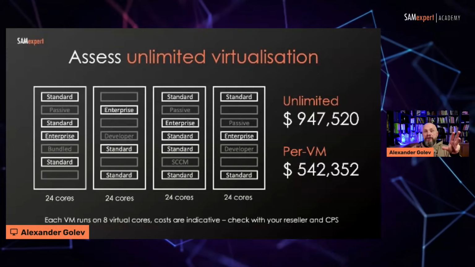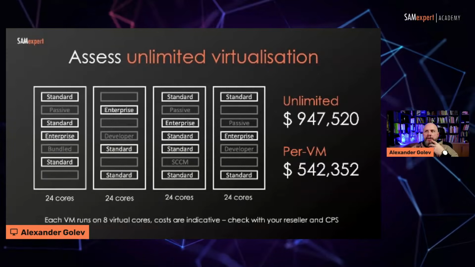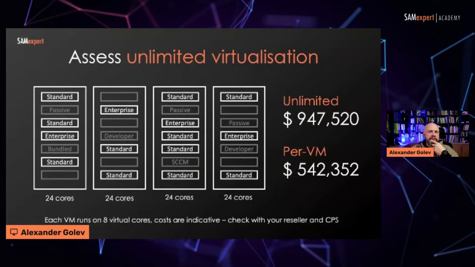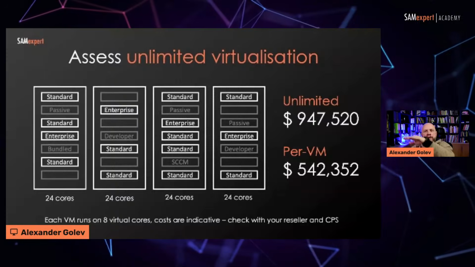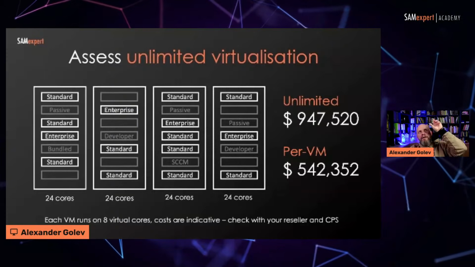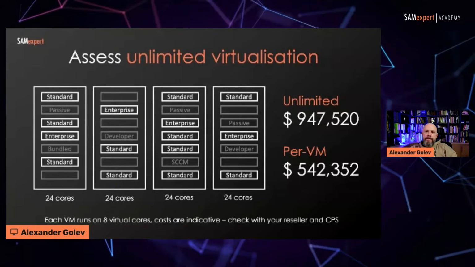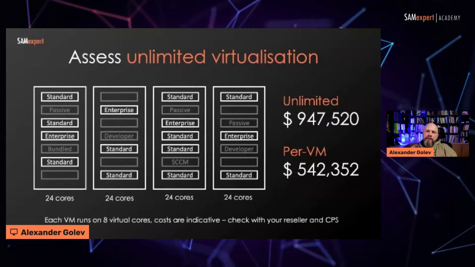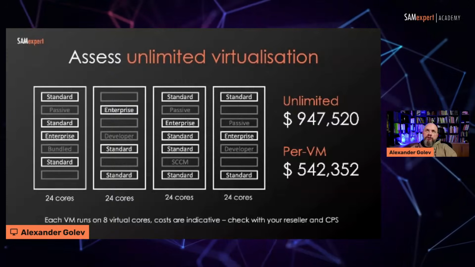But this was taken from a real life example, when we had to show to the customer that licensing with SQL Server Enterprise at the hardware level, even on an almost purely SQL Server dedicated cluster, cost them almost twice compared to licensing individual virtual machines.